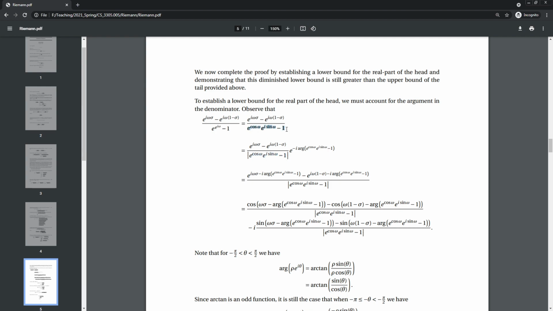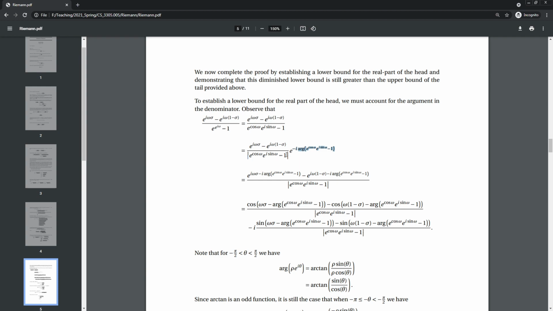Well, the denominator is a complex value, and complex values have a modulus, so it's an absolute value. It's some ray coming out from the origin, and then it's rotated at some angle, where this is the angle. But here, because it's in the denominator, it's moving in the other direction.